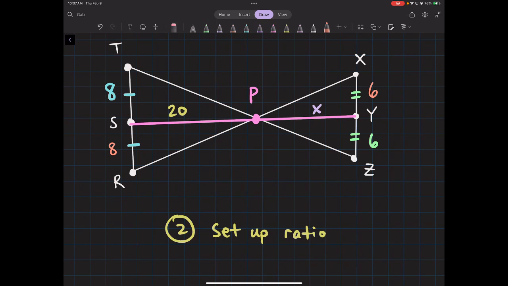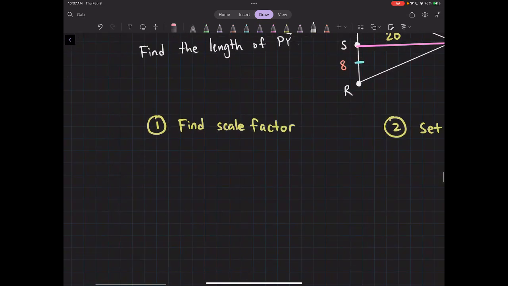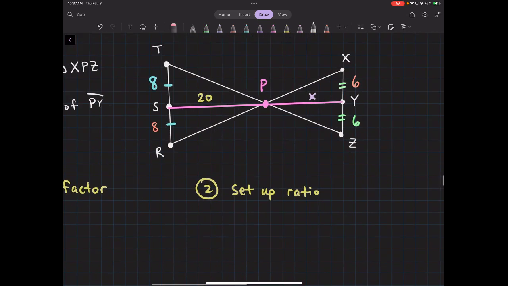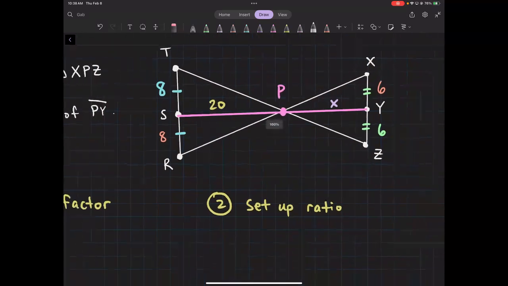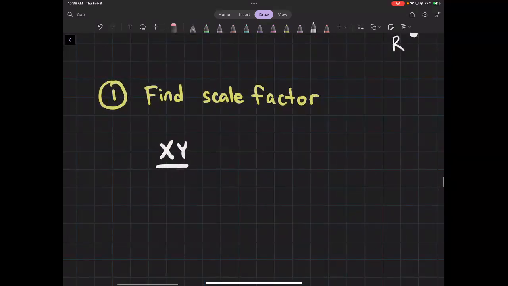Okay. So if I want to find scale factor, just scale factor straight up with what I'm given, I'll use XY. And what am I going to compare XY with? TS. Okay, so you see it's at the base of the triangles.